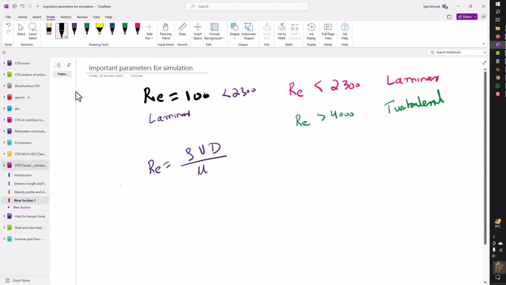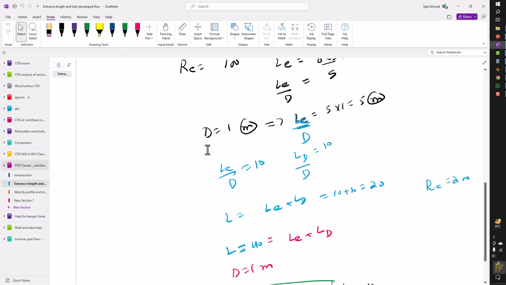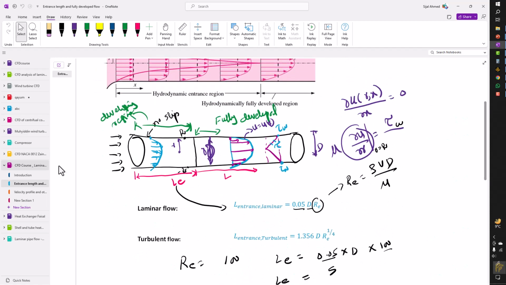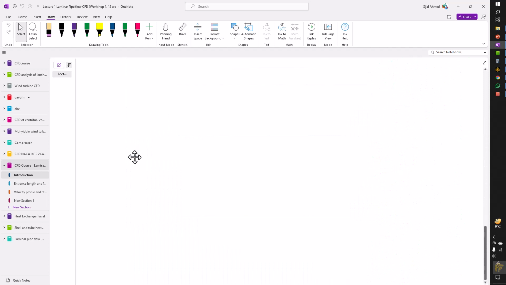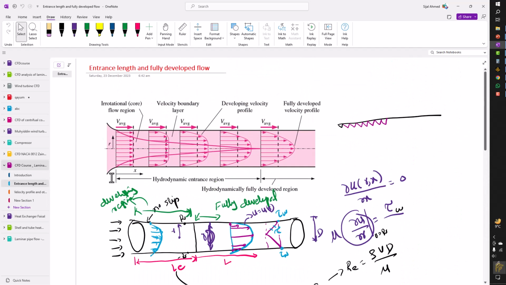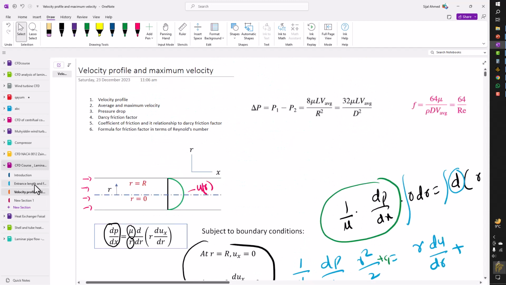Okay, so far we know that we have the entrance length derivation and the formulas. We have derived these, like we have these formulas for entrance length, and then we derive these equations.